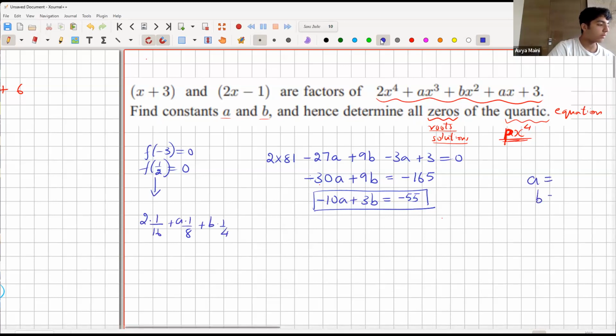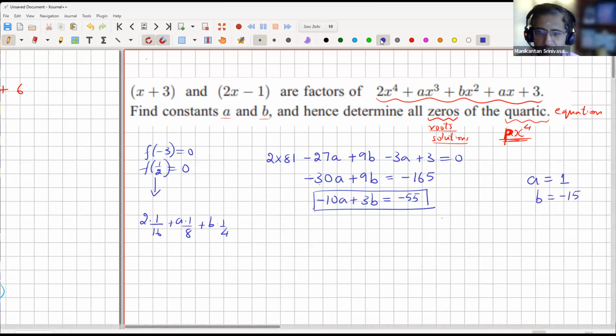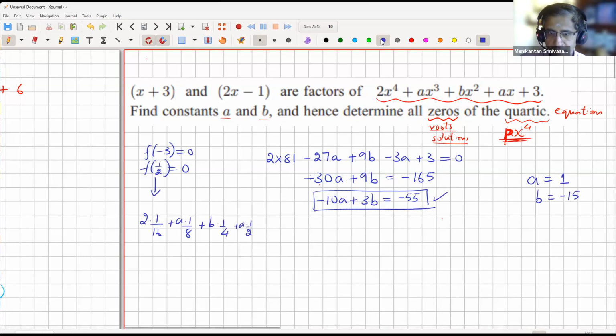So A is 1 and B is minus 15. Okay, all right. If anyone gets the same answer, that's good. It'll be consistent. Please proceed, Adya, meanwhile. At least it seems to satisfy the first equation I have here. So please proceed. If anyone is stuck, you can look at the board, guys.